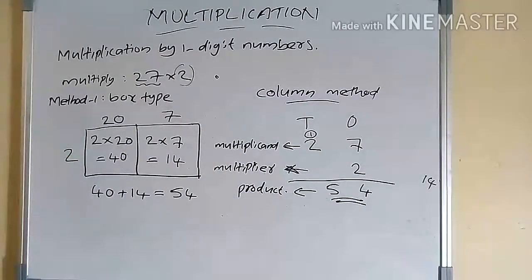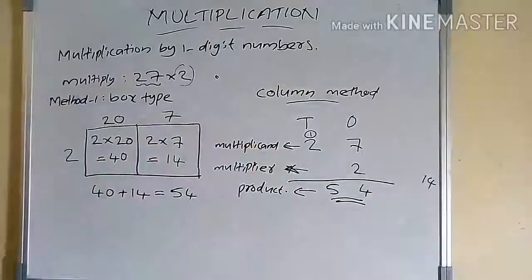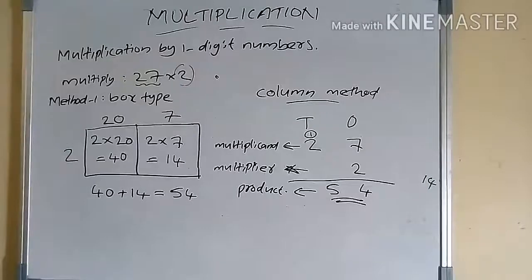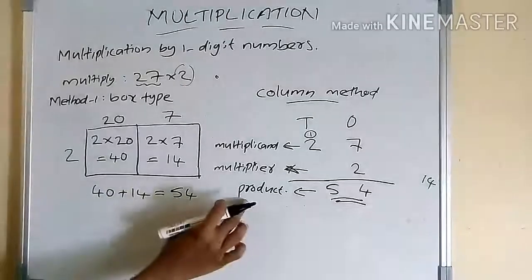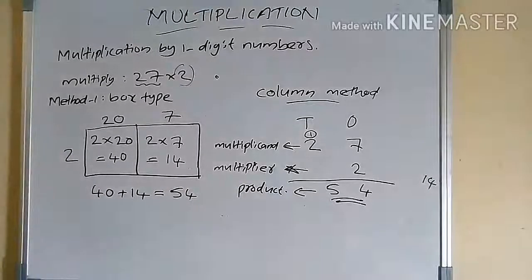The number by which it is multiplied is the multiplier. Here, 2 is the multiplier. And the result of the multiplication is known as the product. So, in this question 27 into 2, the multiplicand is 27, the multiplier is 2, and the product is 54.